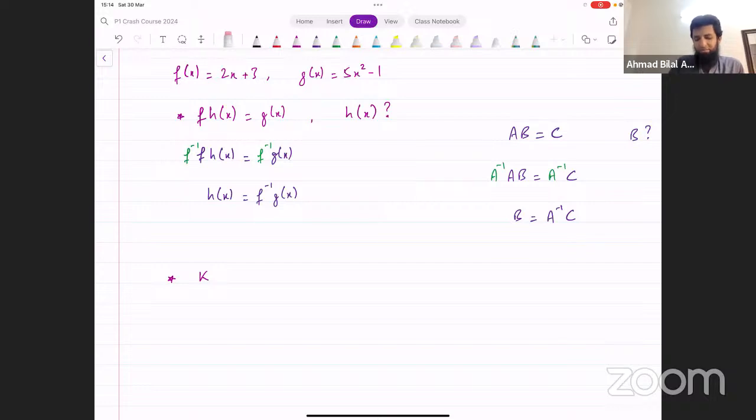In fact, k is generally used as a constant, but it's okay. So let's say you have k of f of x, and that equals g of x. And we had to find the function k of x. So k is a function in this case, k of x basically. We're just using another letter, it should not confuse you. Just like we have f of x and g of x, we could have k of x as well. k is just the name of the function.